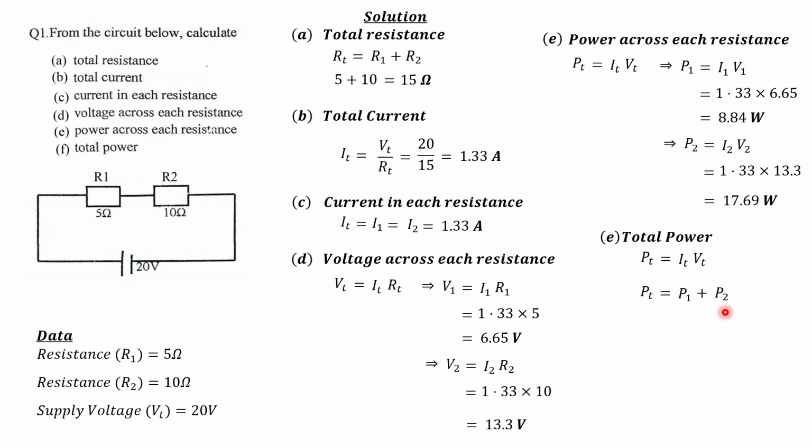So P1 plus P2 should give you the total power. Let's take the second formula, PT equals P1 plus P2. This is equal to 8.84 plus 17.69, and when you add, you get 26.53 watts. So the total power, PT, is 26.53 watts.